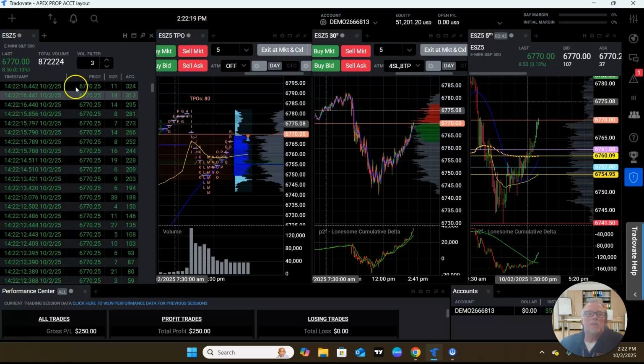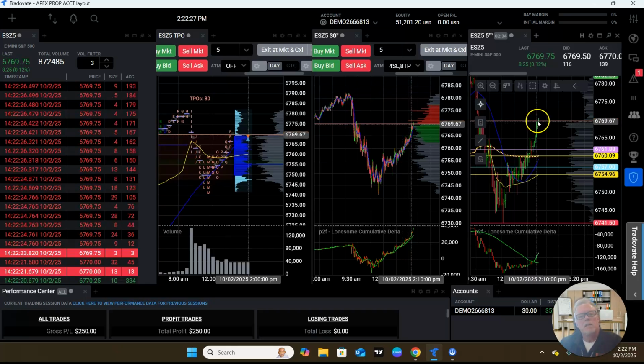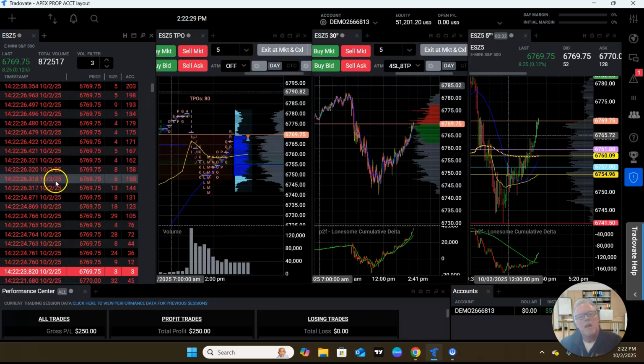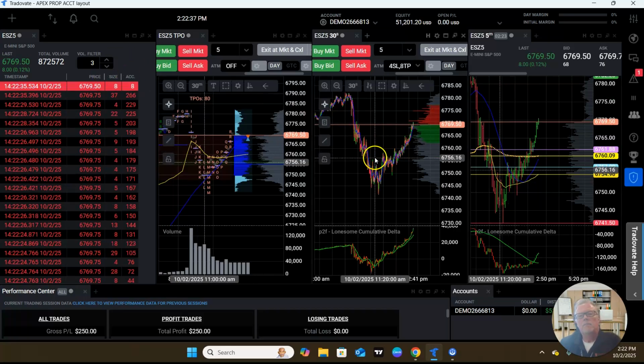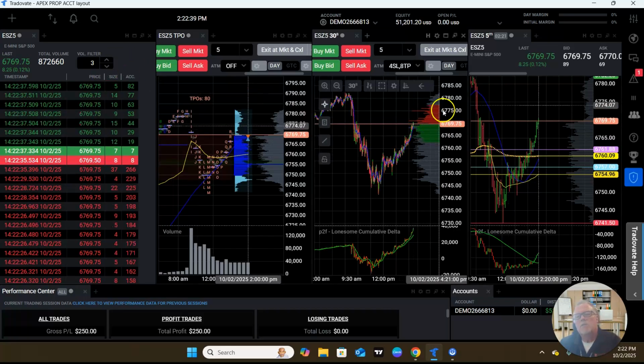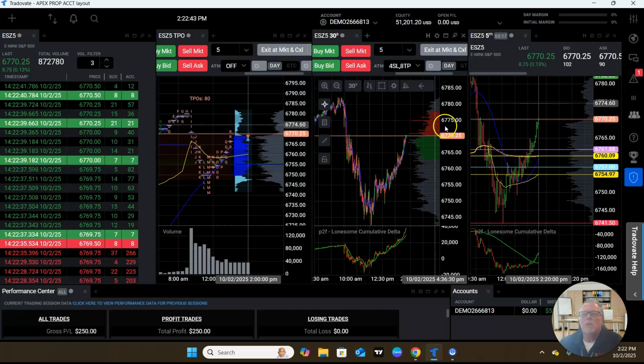But I also want to look at this time and sales over here to make sure that what I'm thinking is going to happen is actually happening. These are live trades coming through, aggressive traders making trades going across the spread. And I also have this chart here that kind of shows passive buyers and where they're stacked up.